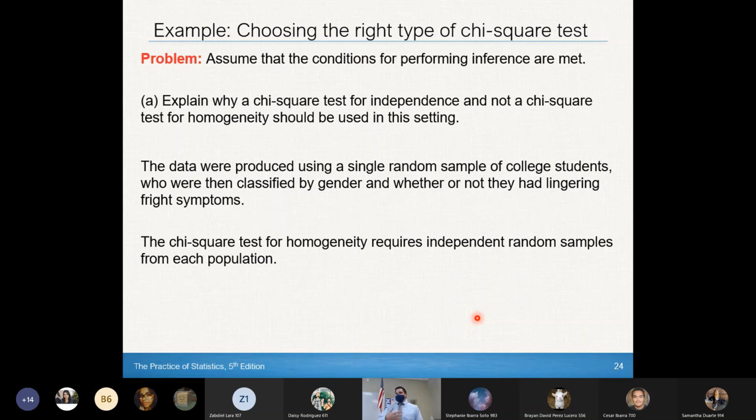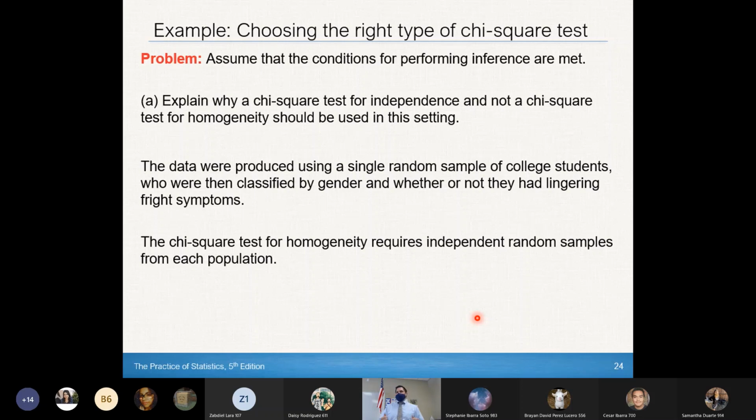So had we stratified the population of students at this college and then randomly sampled from men and women, or male and female students, that would then be a chi-square test for homogeneity, because we first separated the populations and then sampled from the separate populations.